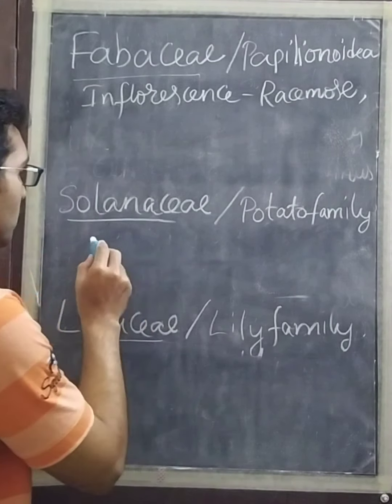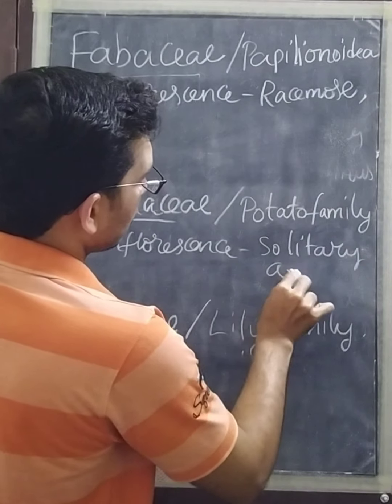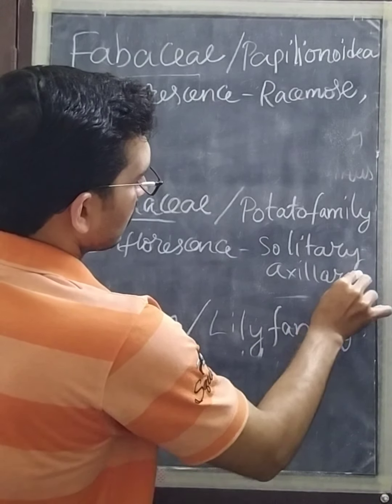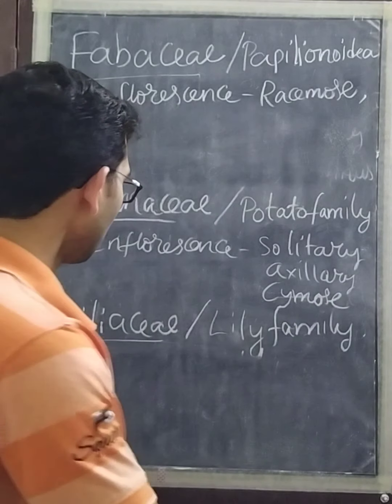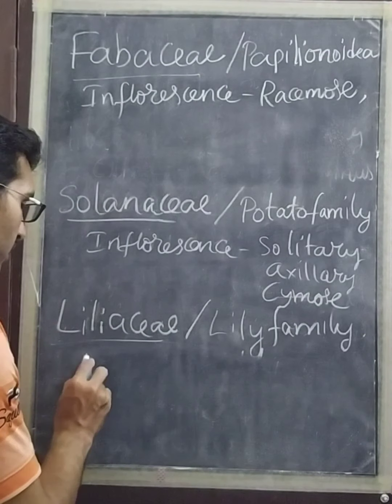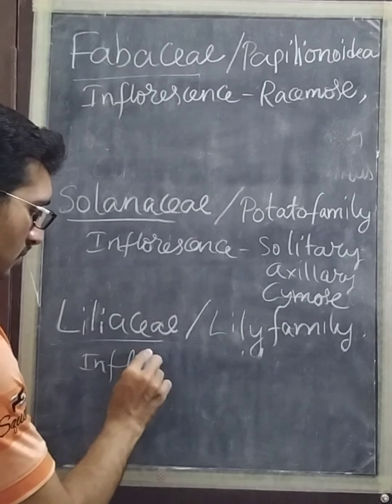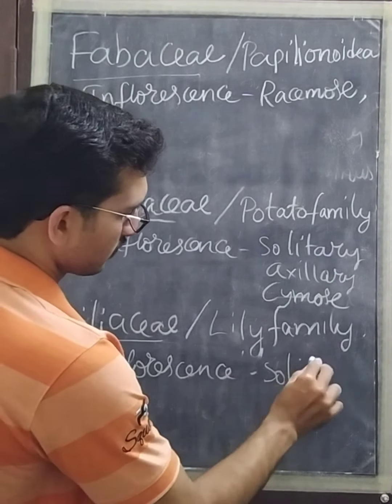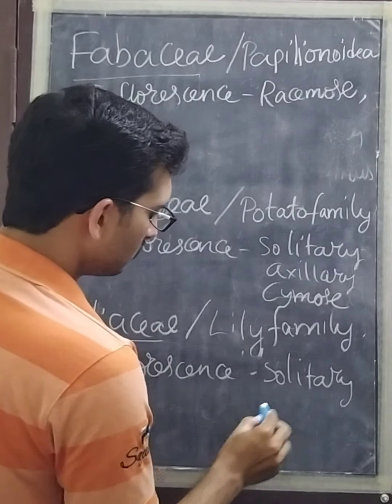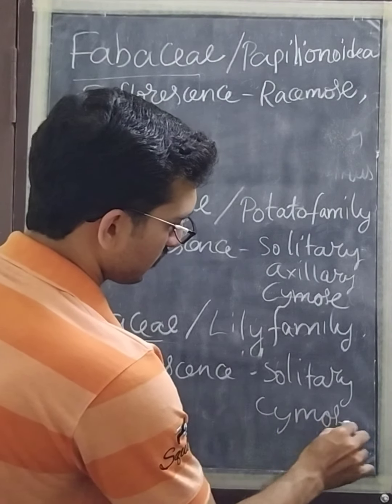When it comes to the Solanaceae, what kind of inflorescence does it show? It shows a solitary, axillary, and cymose type of inflorescence. But when it comes to the Liliaceae family, the inflorescence is also solitary, cymose type.